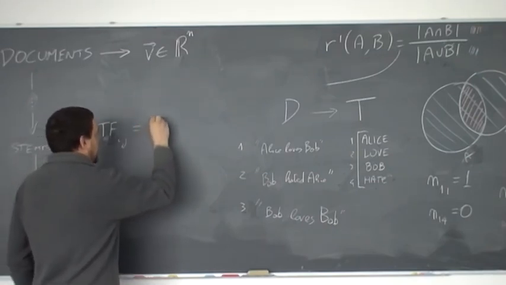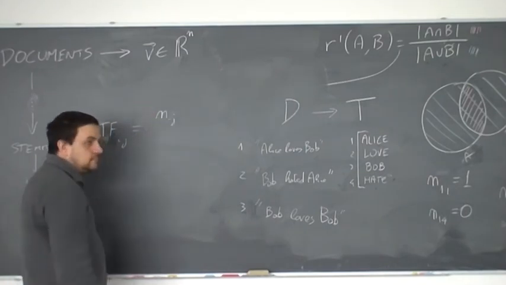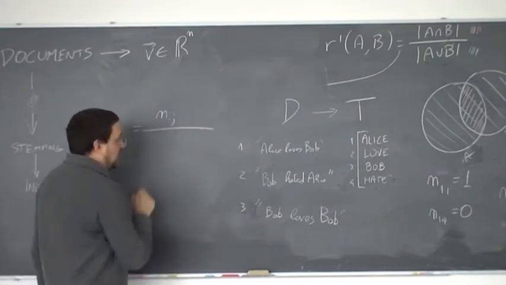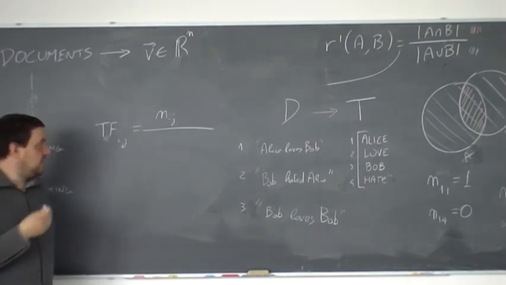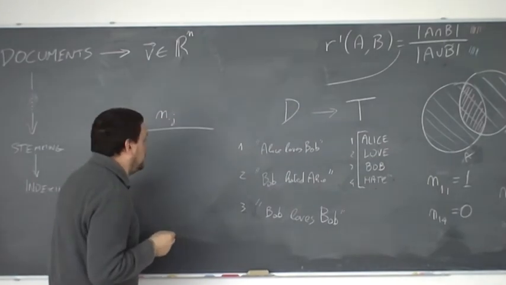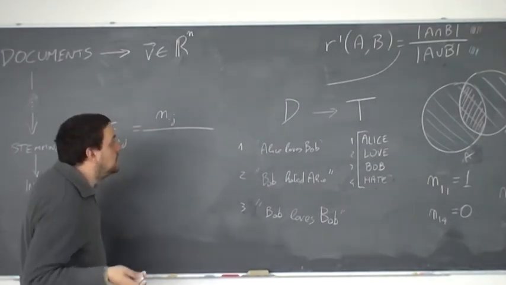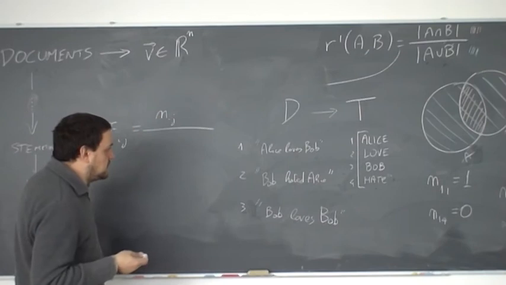So Tfij is Nij divided by the overall number of terms in the document, that we can define by, well, there are many ways, of course.